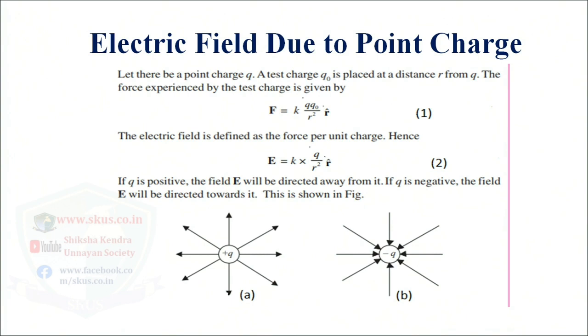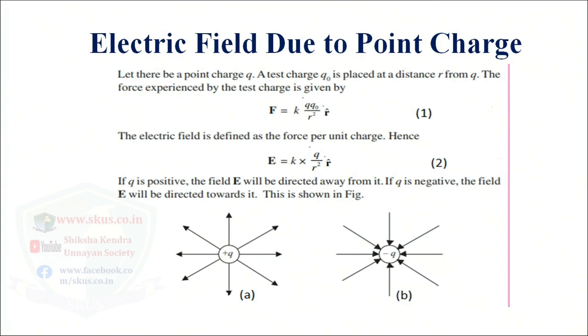Here r is the distance between the charge Q and the test charge q naught, and r cap is the unit vector directed from the charge to the test charge. Then, by definition of electric field, it is the force divided by the magnitude of the test charge. So, E will be equal to F upon q naught. So, the expression for it will be E is equal to k Q upon r square into r cap.